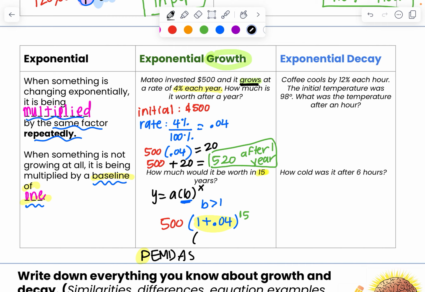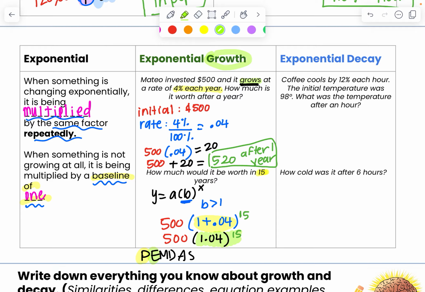This gives me 1.04 raised to the 15th power, and the 500 was in front. And now we're ready to do the exponent, right? 1.04 raised to the 15th power.